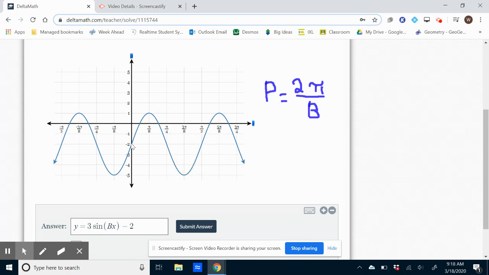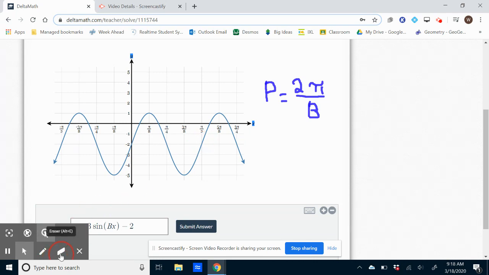So from 0, a full period is to the max, down to the min, and back to where we started at the midline. And the x value right there is pi over 2, so that's our period, pi over 2. Again, in a sine graph which starts at the midline, your period is 2 midlines away, so pi over 2.